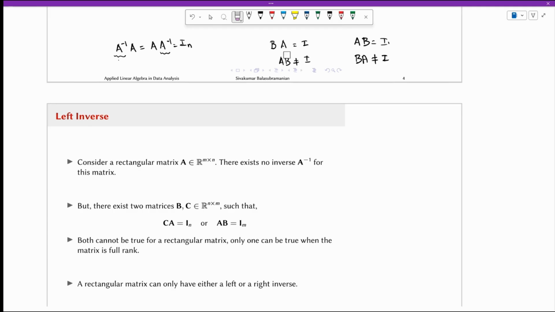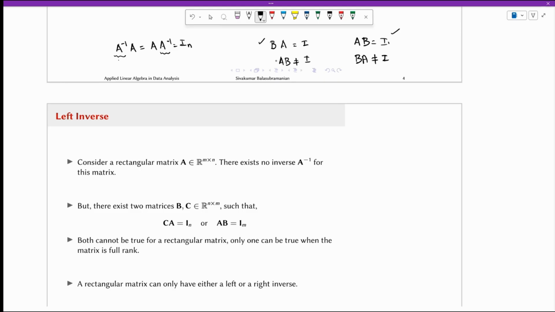And this happens whenever you don't have a square matrix. The matrix has to still be full rank. But if it's not square and if it's full rank, then only one of these will be true for that matrix.